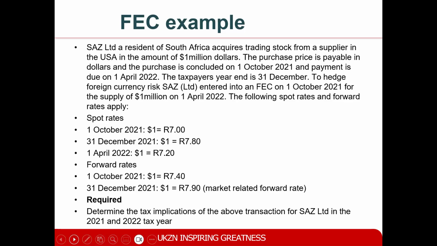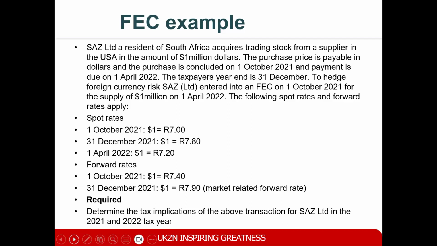To hedge foreign currency, what they did here, they entered into a forward exchange contract on 1st October for the supply of $1 million by 1st April. Now, this is what happens, guys. They go to the bank or maybe some finance house. They say, can you please supply us $1 million by 1st of April? Okay, which is fine.